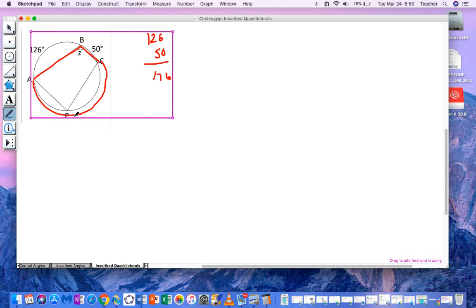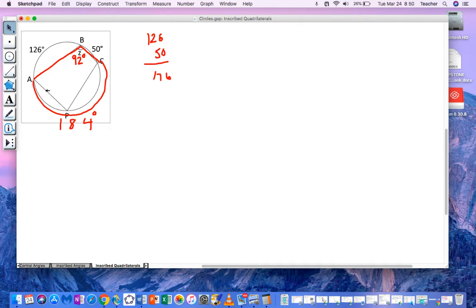So that means this arc, APC, is 184. Well, that inscribed angle is half of that arc. So half of 184, 92.